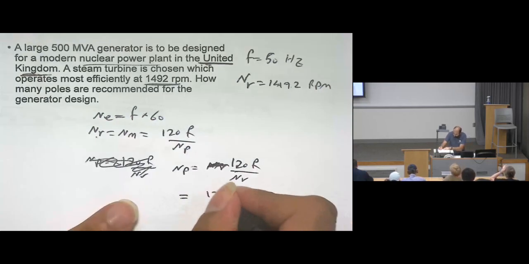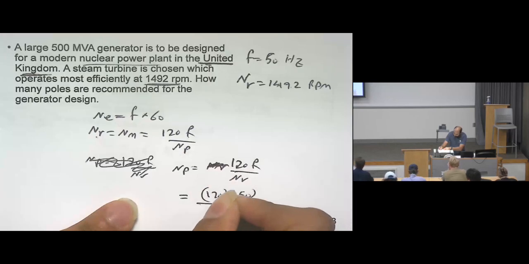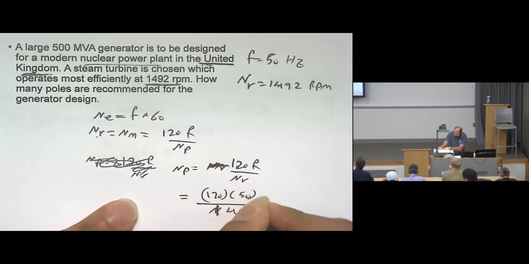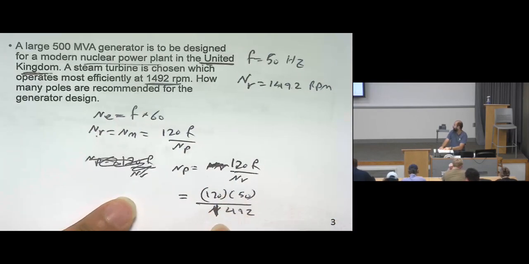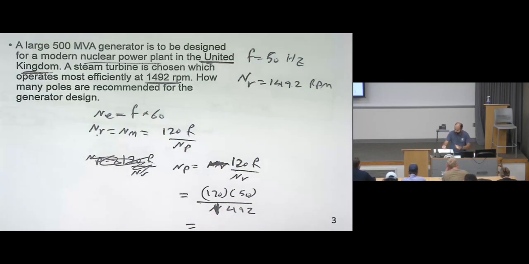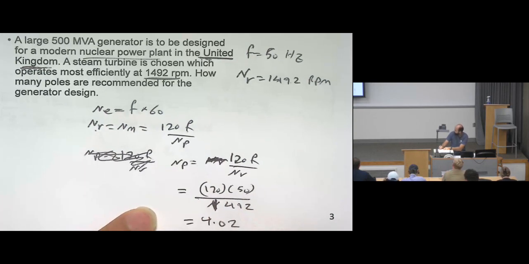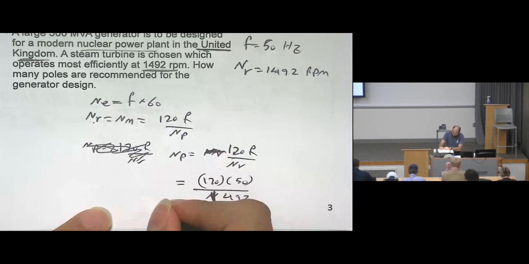Okay, so 120 times 50 divided by 1492. How much is the answer? Oh, is it exactly 4? That's 4.02. Okay. This is the number of poles.